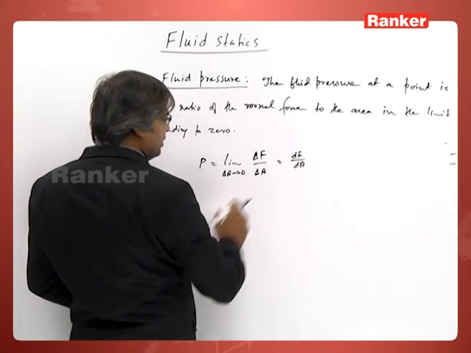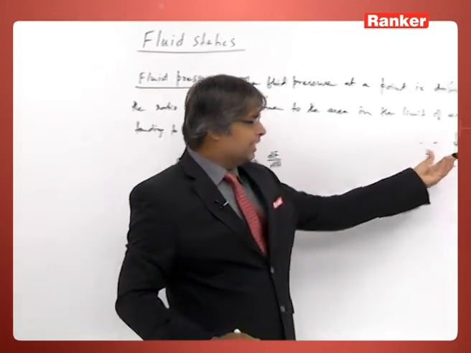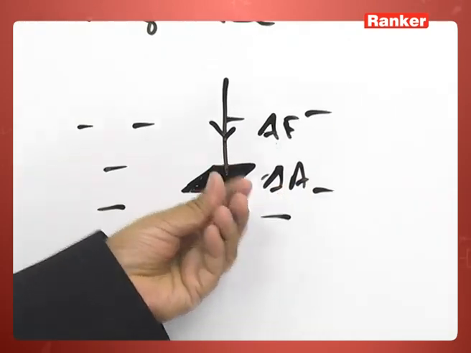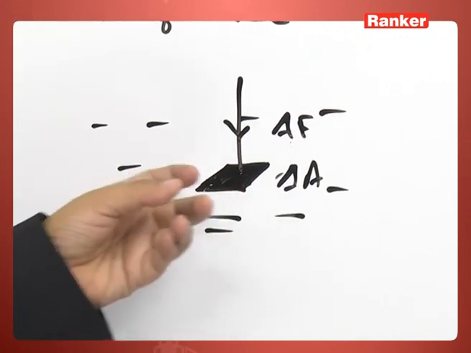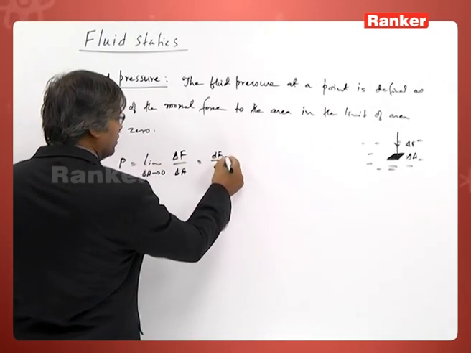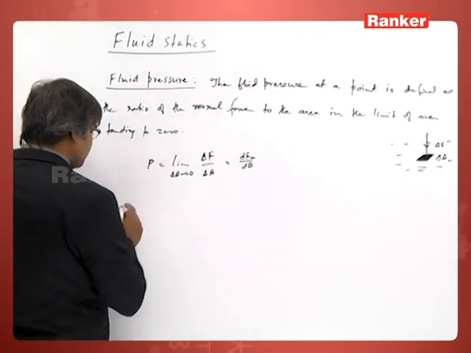So, let us work with this definition of pressure. When this area element is diminishingly small, it will be called dA, and the normal force, let us call dFn. So, this is the pressure at a point.